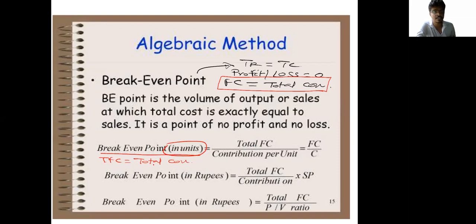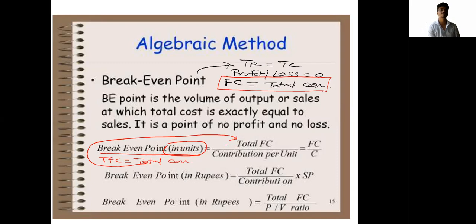In place of total contribution we put total fixed cost, because in the break-even point these two concepts are equal. In the break-even point, total contribution equals total fixed cost.